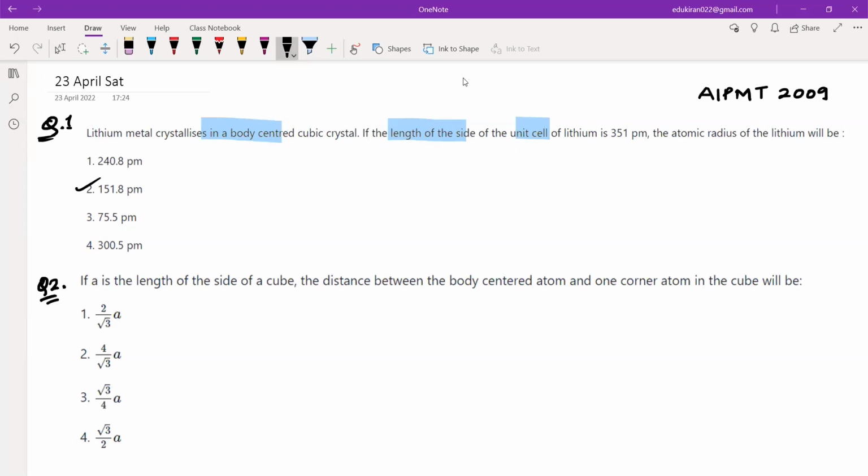Yeah, correct. Option number 2. Okay, so what's the relationship? It is A root 3 is equal to 4R, correct?